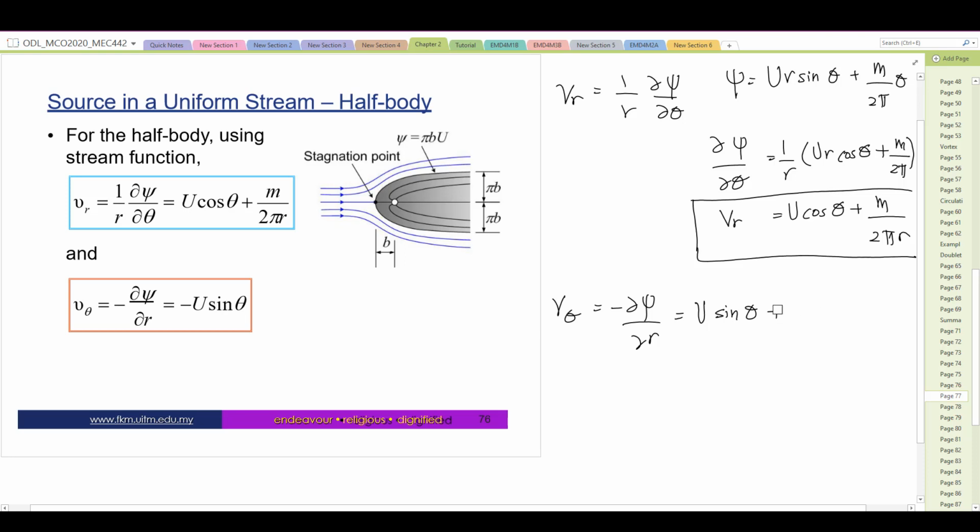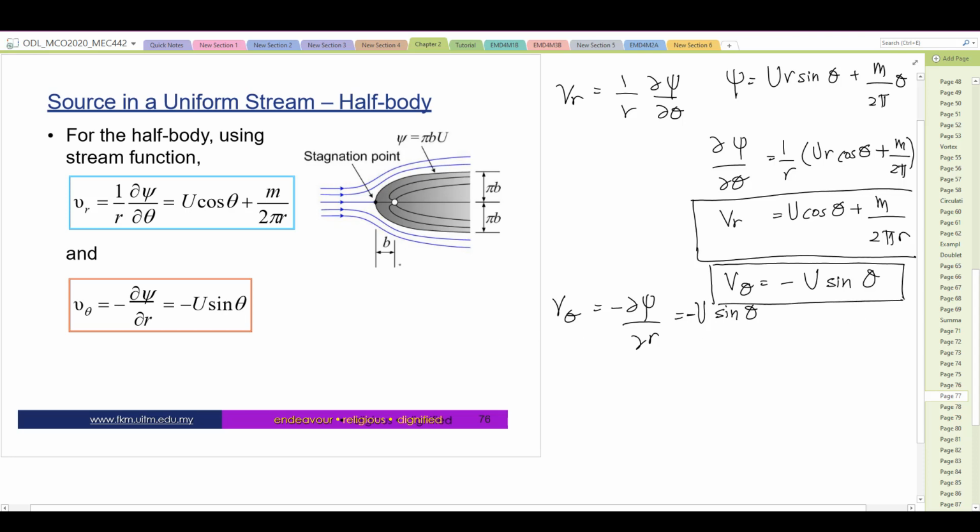But don't forget the negative, so V theta equals negative U sine theta. So this is V_r and V theta.